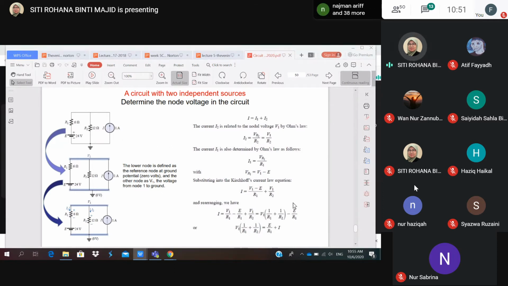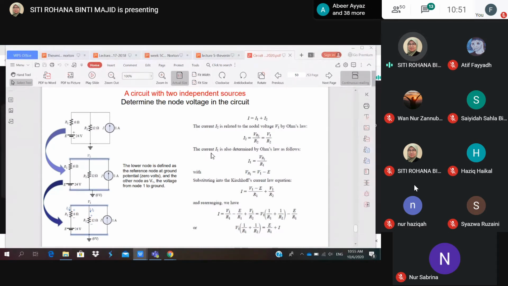Let's say we have V1 at the V1 node here, or Vn or Vg, and we set the lowest line as the ground, so you will have V ground as 0. Then you use Ohm's law to define I2, and you will have this equation, which is V_R2 over R2. This one is very simple.